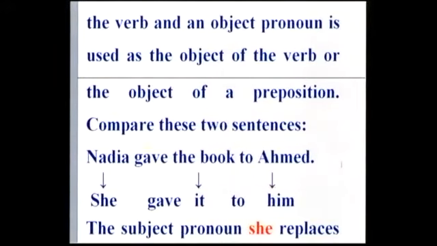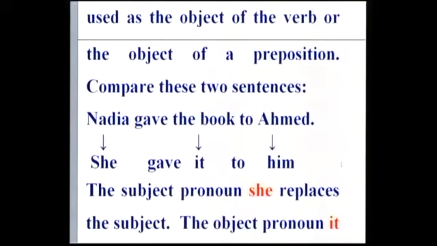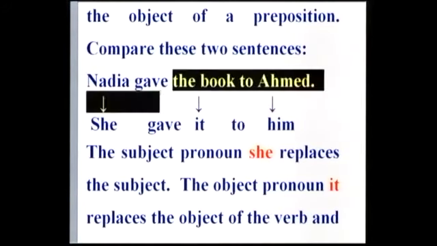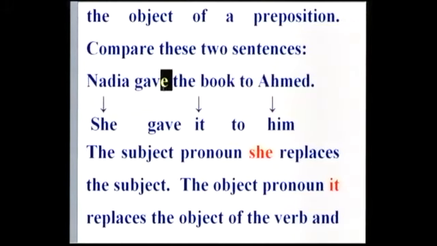Now the subject pronoun she replaces the subject اللي هو Nadia. The object pronoun it replaces the object of the verb المفعول به بتاع الفعل اللي هو the book. That's the object بتاع الفعل اللي هو gave. Alright. طيب.